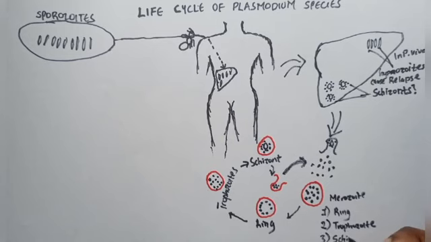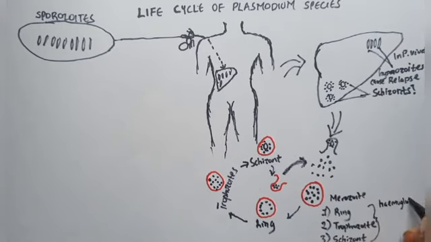So the merozoites undergo three stages: the ring, the trophozoite, the schizont, and then they release new merozoites. This growth is fueled by hemoglobin, which they feed on and digest to produce hemozoin, the malaria pigment.